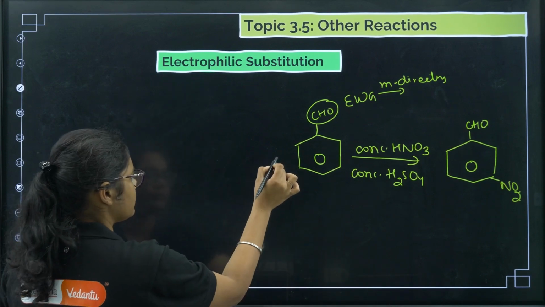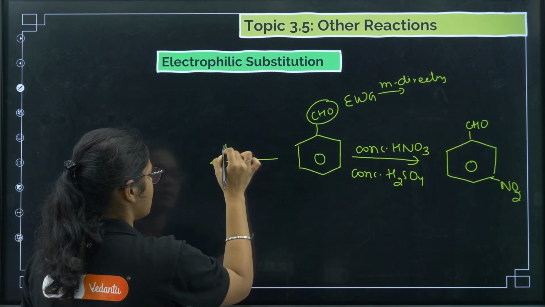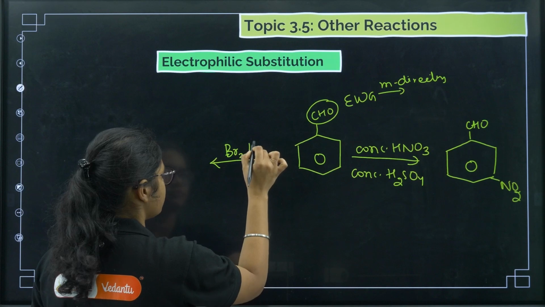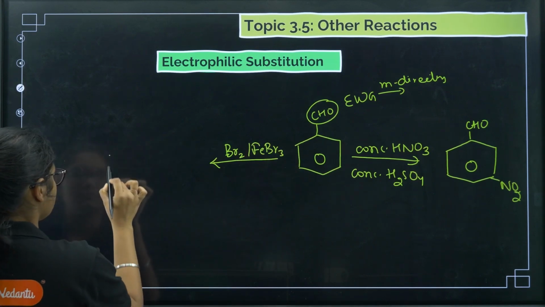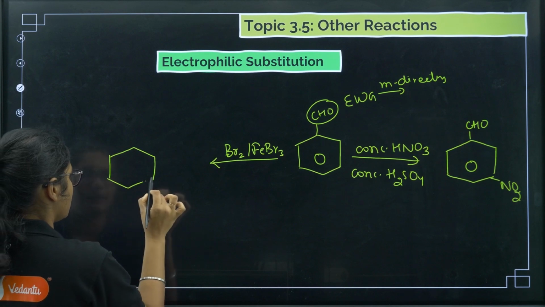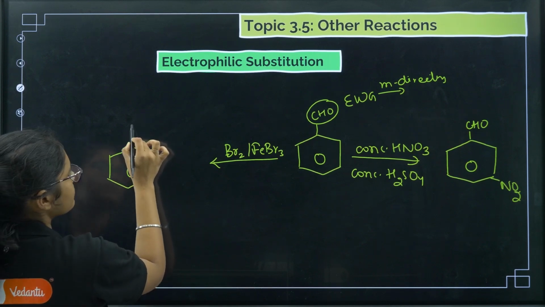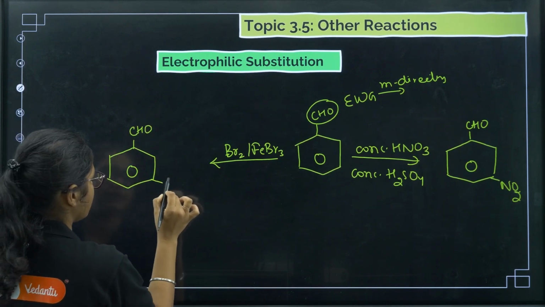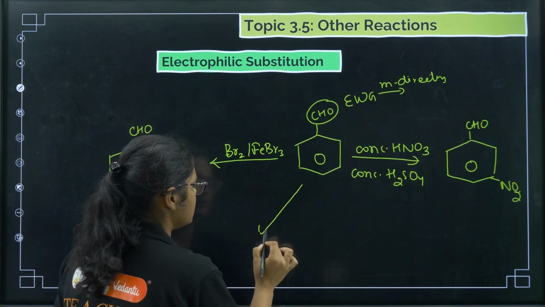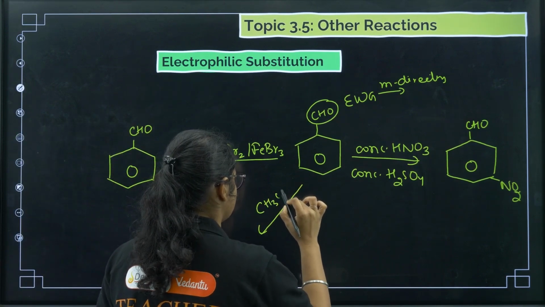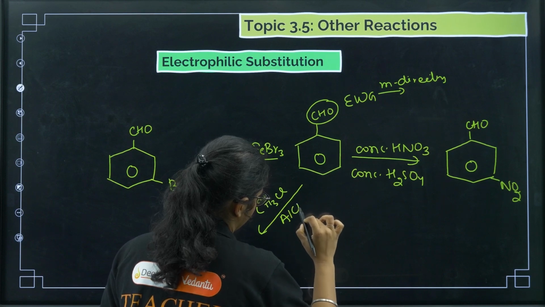Similarly, suppose you want to treat it with halogenation, that is Br2 in presence of FeBr3, right? So here also bromine will be added, but in the meta position. So we will get CHO with Br in the meta position. Now suppose you want to do Friedel-Crafts alkylation, that is CH3Cl, AlCl3.